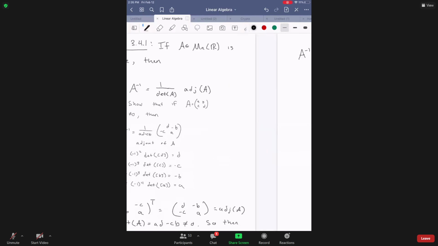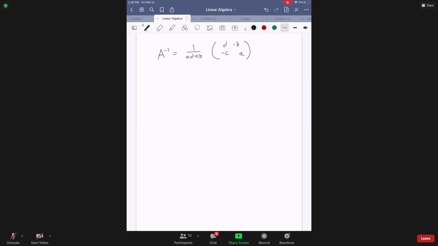So now let us shift our focus to solving systems of linear equations again, okay?